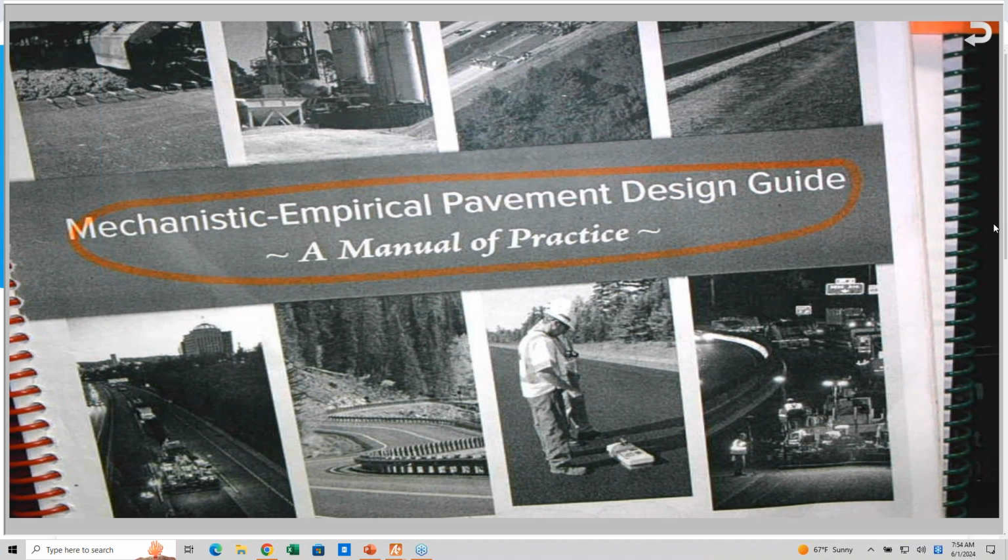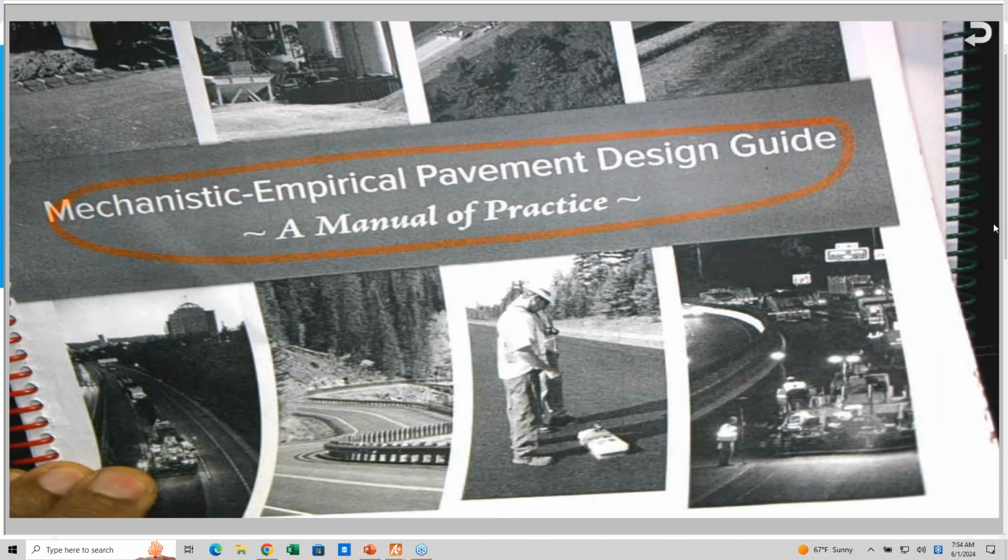Number 6, initial practice test. Okay. Why can't we use the equation in the NCEES handbook?